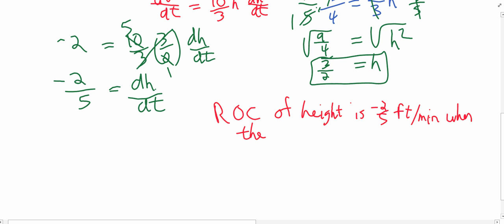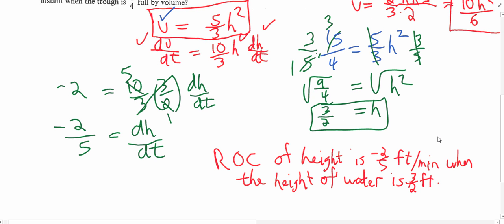Either way, when the height of the water is 3/2. And that should be plenty right there. Alright, so that's part B, not too bad once we got everything in terms of h.